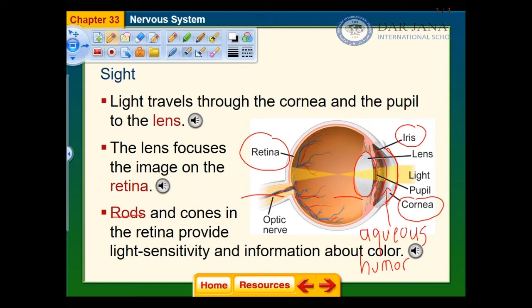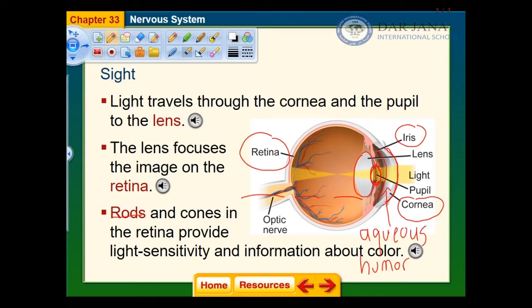which allow the pupil, which is only a hole inside the iris, this is the pupil, to either constrict or dilate. The question here is, when does the pupil constrict or dilate? Depending on the intensity of light, and also depending on which nervous system is dominating over our body, either the sympathetic, as we learned, or the parasympathetic.